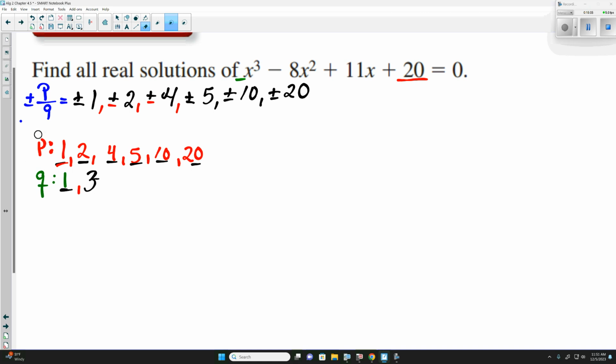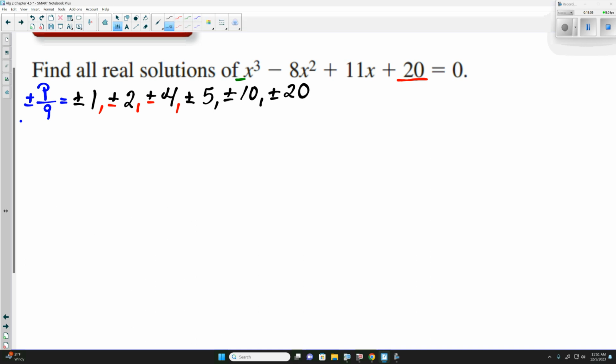I'm going to erase this for now, just so I have a little more room. So what we've said is these are all the possible rational zeros. So we can do synthetic division on each one of these. So 1 for x to the third, negative 8, 11, and 20. We bring down the 1. Well, the first one we have listed is 1, yes?